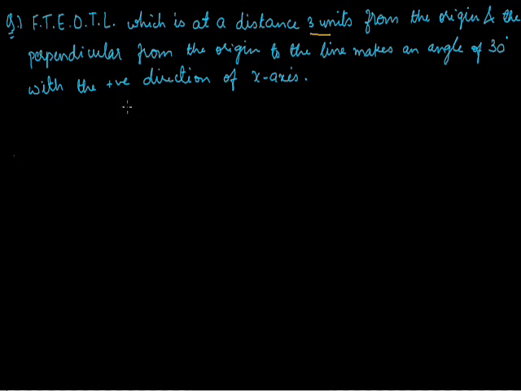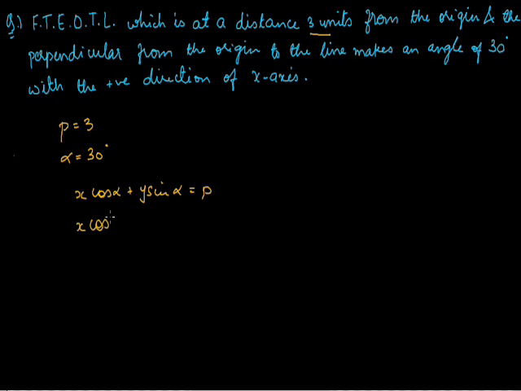Hence, as per our given question, we can say that p over here is equal to 3 and alpha is equal to 30 degrees. So substituting the value of p and alpha in our normal form of the line, we will get x cos alpha plus y sin alpha is equal to p.